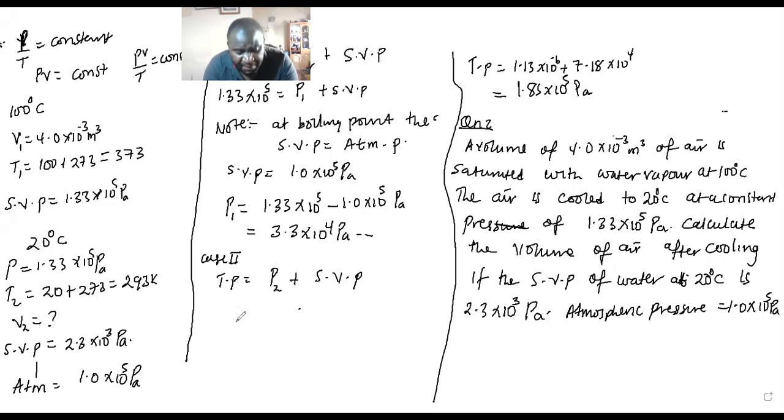While we don't have pressure P2, we have a constant pressure of 1.33 exponent 5 as total pressure. So we shall have 1.33 exponent 5 is equal to P2 plus 2.3 times 10 to the power 3. Can someone deduce for me what P2 is?